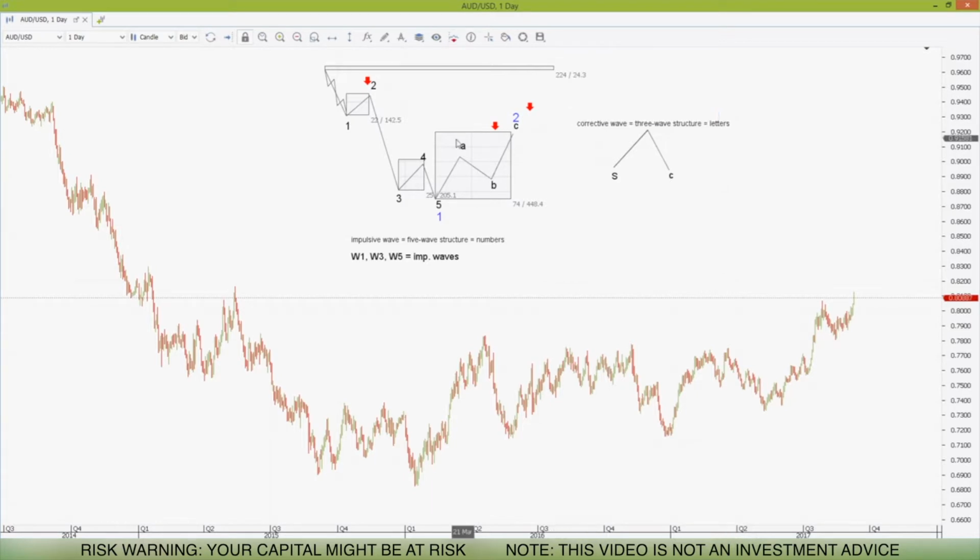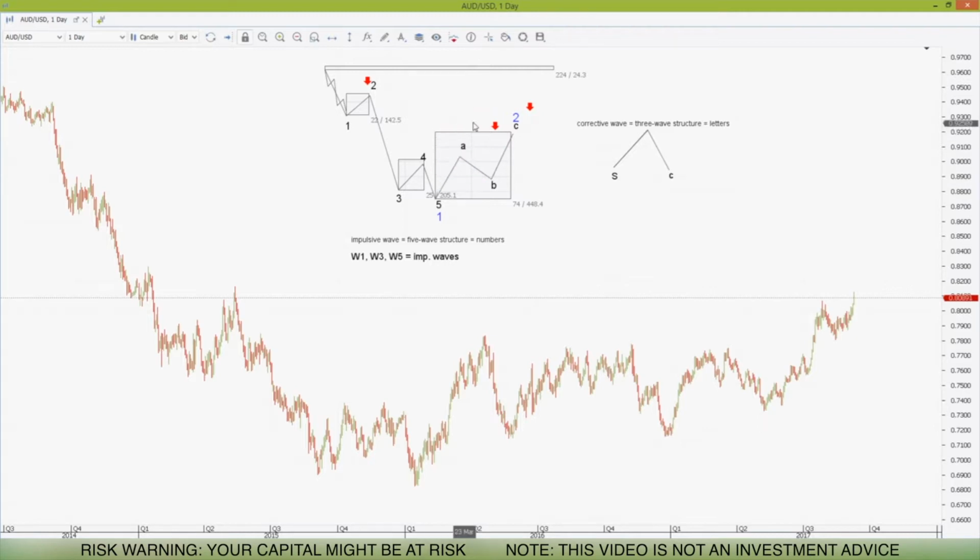Let me give you an example. An ABC like this is called a flat pattern. What does it mean, a flat pattern? A flat pattern means that wave A and wave B are corrective, or three-wave structures, and wave C is impulsive, or a five-wave structure.